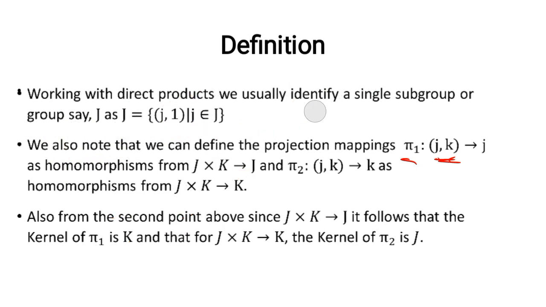So remember now that j is represented this way, right? And there's only one here. If there's one beside it, clearly k must have been mapped to 1. So if k is mapped to 1, and 1 is the identity of our map pi 1, it means that the kernel of pi 1 is going to be k.